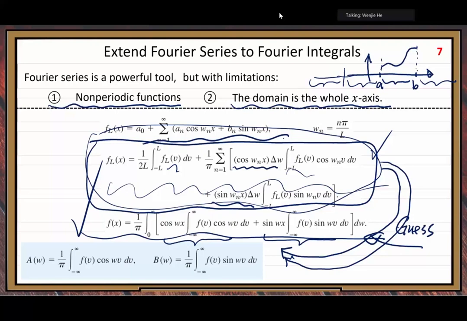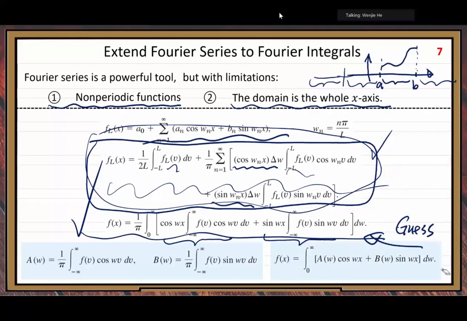But when we use the integral, we need to calculate something. Here, the capital A function we calculate; the capital B function, so we have that V. Then we have the integral representation. The final result is this formula.